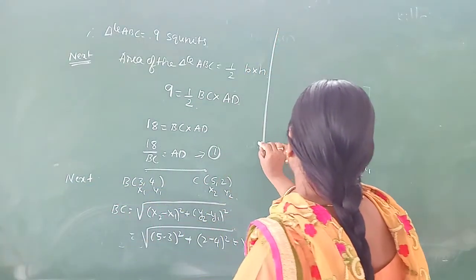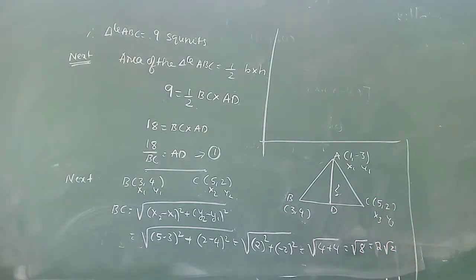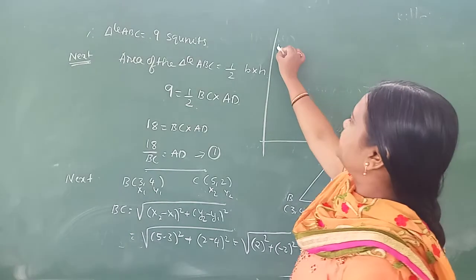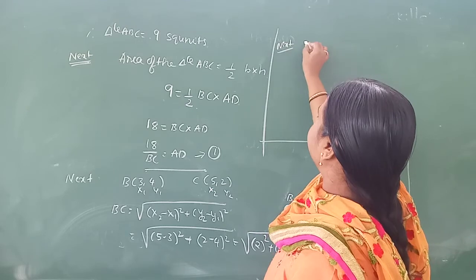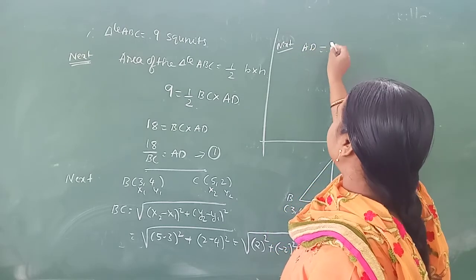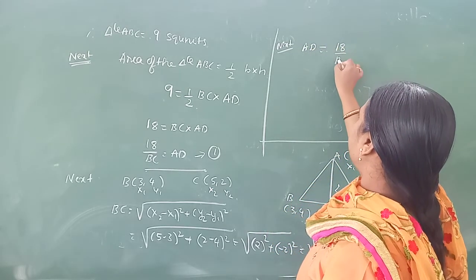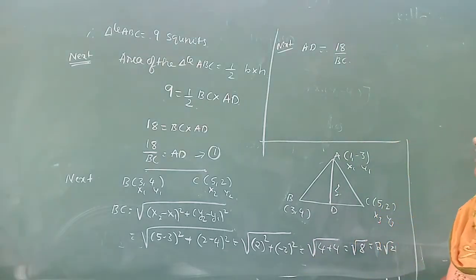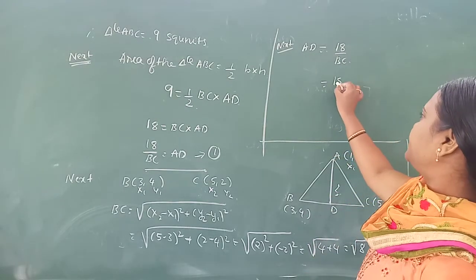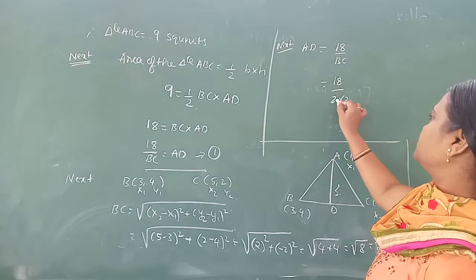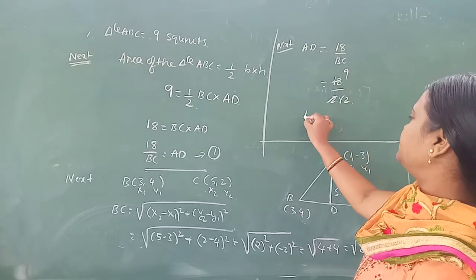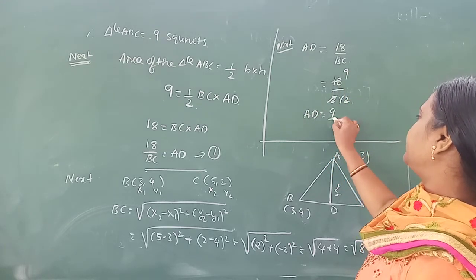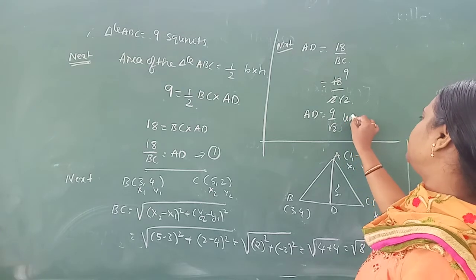And next we have to calculate the distance of AD. AD, we know, is 18 by BC. Therefore this is 18 by 2 root 2. 2 nines are 18. Therefore, AD is 9 by root 2 units.